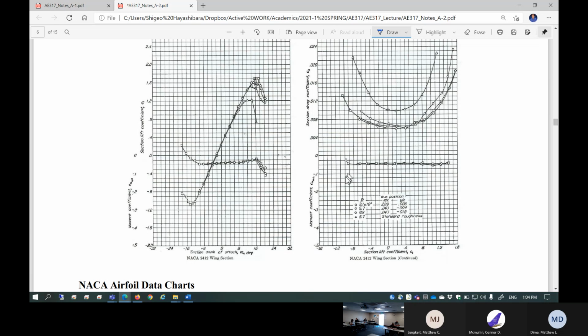And this plot is moment coefficient measured at aerodynamic center plotted against lift coefficient. Here we go. So the definition of aerodynamic center is that the moment coefficient becomes constant. So that's why it's flat. And then by plotting this, each one of those data sets determines the AC position.